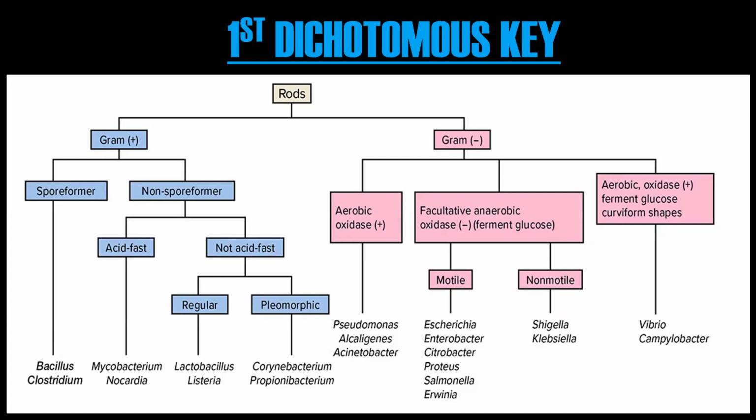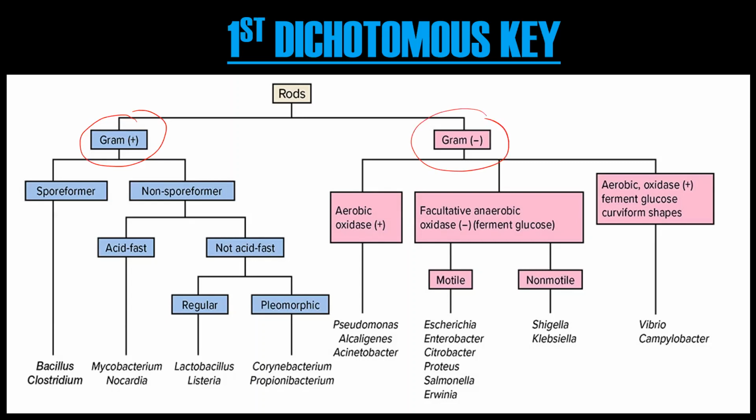And then this pure culture is the one that will be identified with this test. The first test that is done will be the gram stain, to know whether the bacteria is gram positive or gram negative.